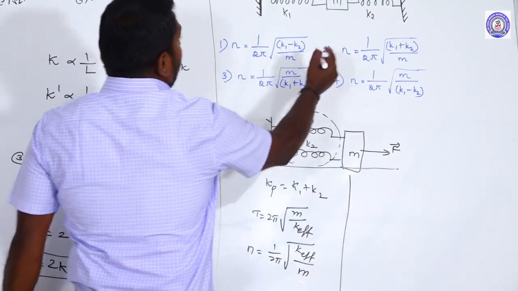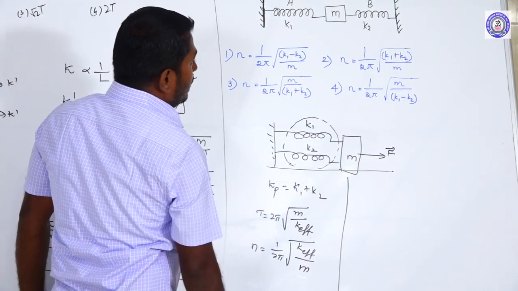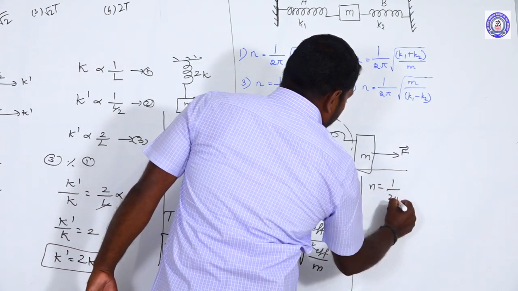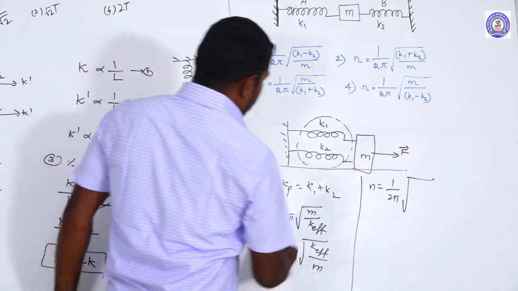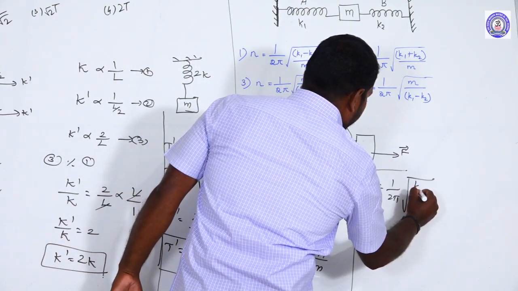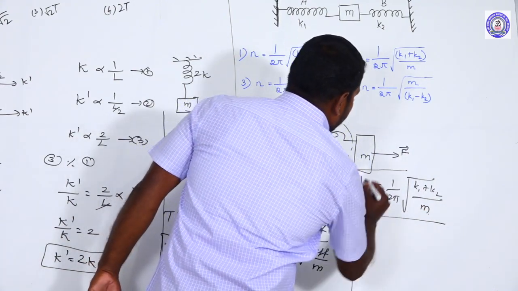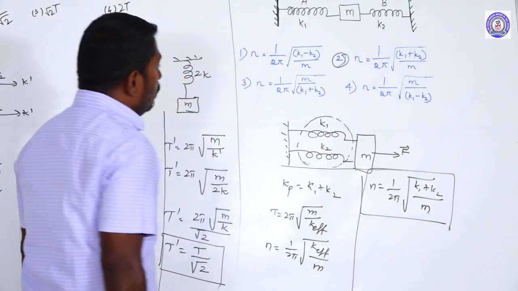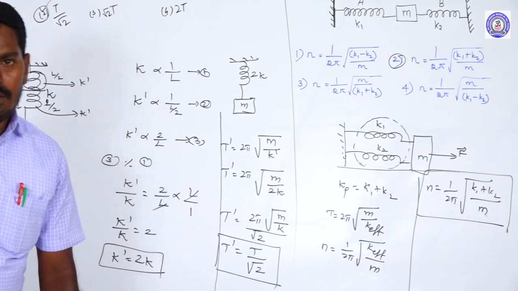Here, asked in the question, the frequency of oscillation of the block of mass m is n equal to 1 divided by 2 pi square root of the effective spring constant connected in parallel, K1 plus K2, divided by m. Second option: n is equal to 1 divided by 2 pi square root of K1 plus K2 divided by m.